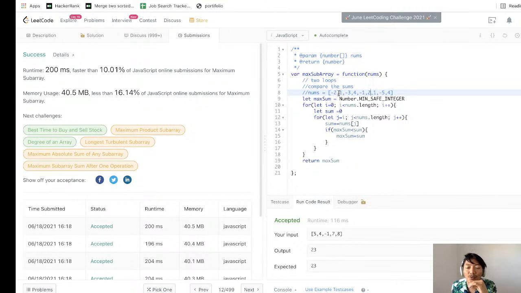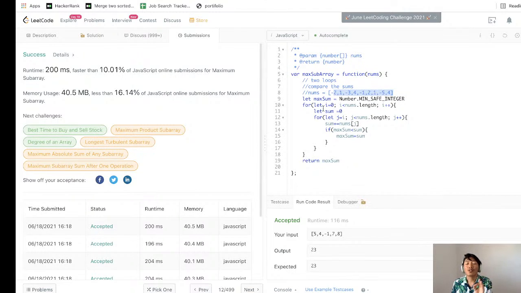It's adding 1, minus 3, 4, minus 1, minus 2, 1, minus 5, and 4. And again, 1 is adding this again, right? So this has already been done. This process has already been done because adding this has already been done.